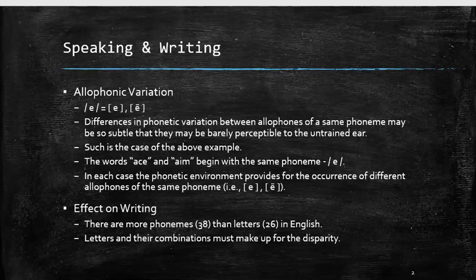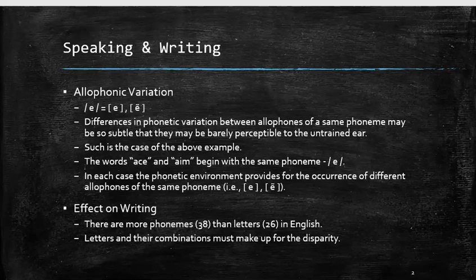We say that they occur in complementary distribution, meaning when one occurs, the other one doesn't. However, substituting one for the other, despite how awkward this may result, doesn't change the meaning of what we're saying. So this is barely perceptible.